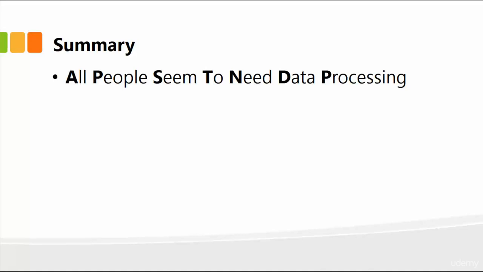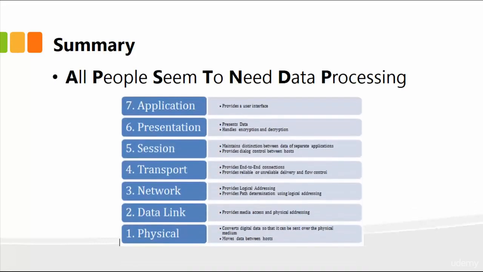Next is Session, Transport, Network, Data Link, and finally the Physical layer. Perfect. So here it is. These are the OSI layers. The better you understand, the easier it is. I hope this helps. Practice, and let's move to the next lesson.